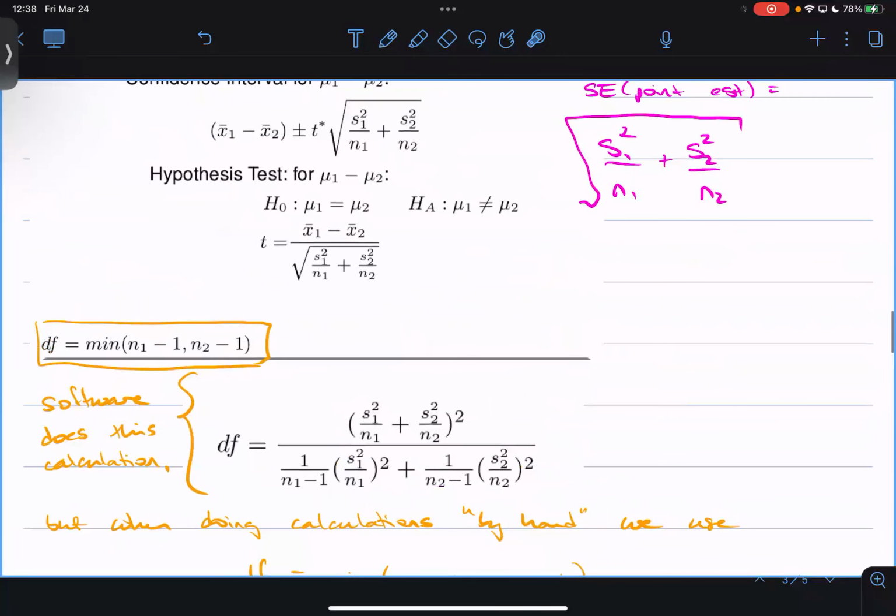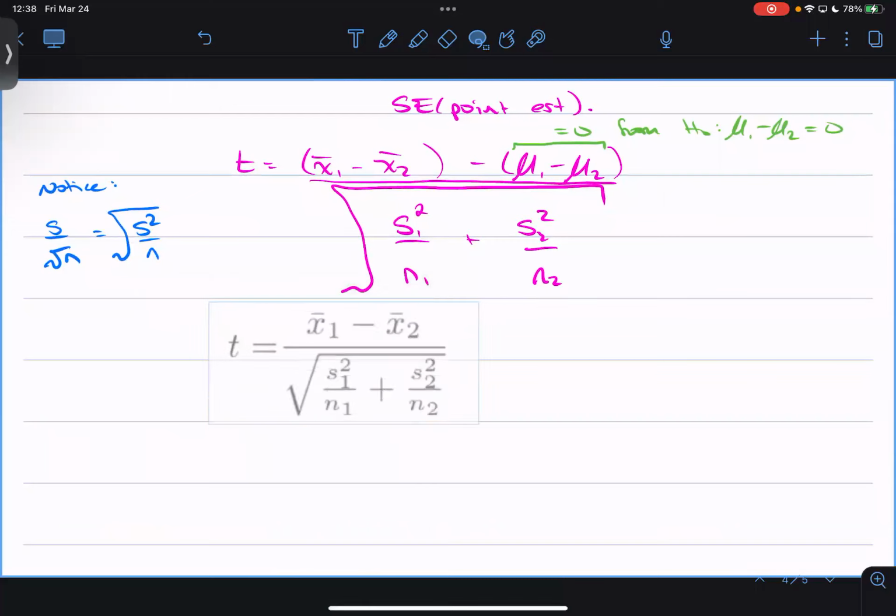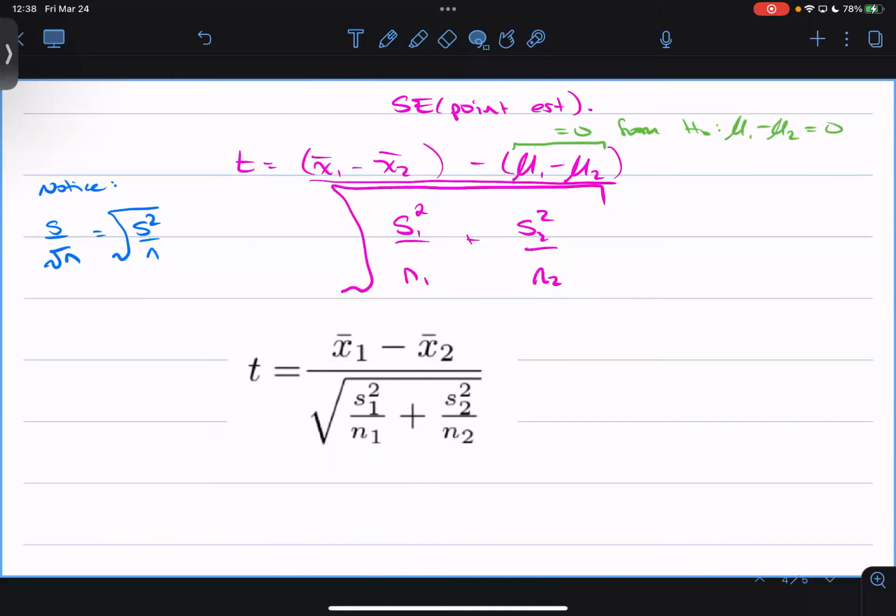And so a star is born: the 2 sample t-test. Ta-da. And that's what's on your formula sheet. But I just wanted you to see where it all came from. All right.